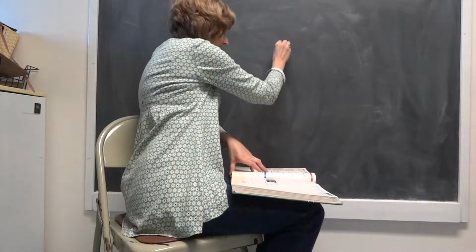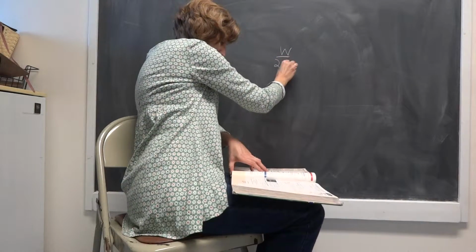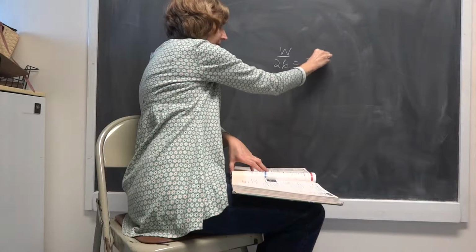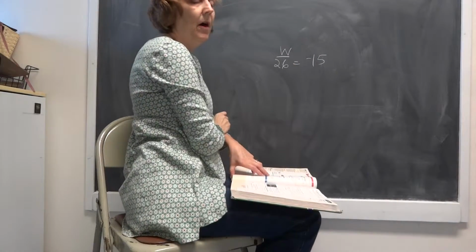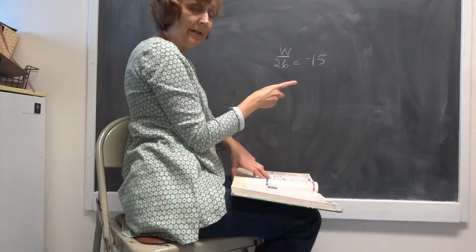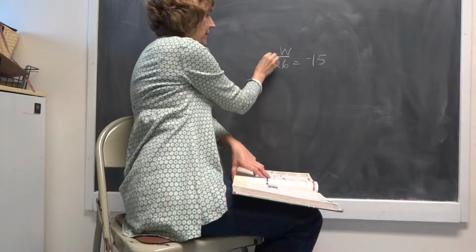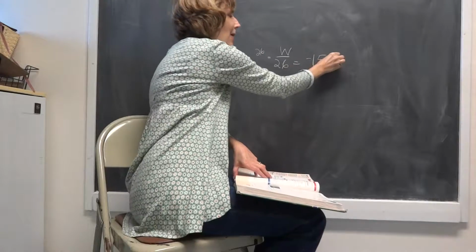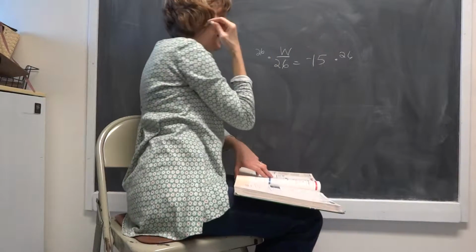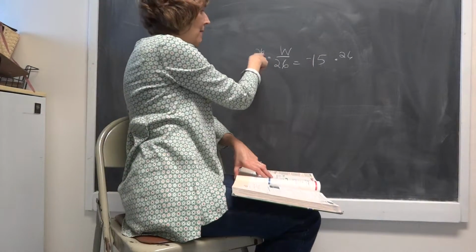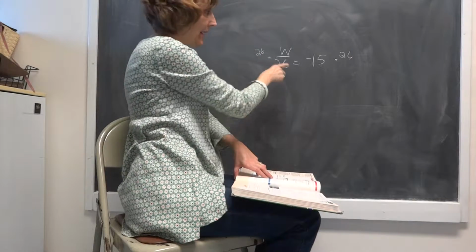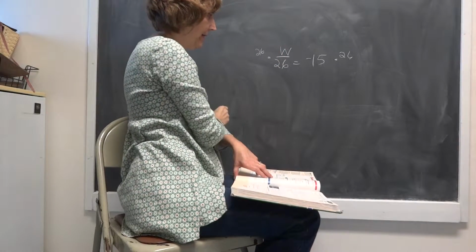B, w over 26 equals negative 15. All right, what do you have to do to both sides to solve the problem? You have to multiply by 26. I want to stop for just a second and make sure you understand why multiplying by 26 gets w by itself.